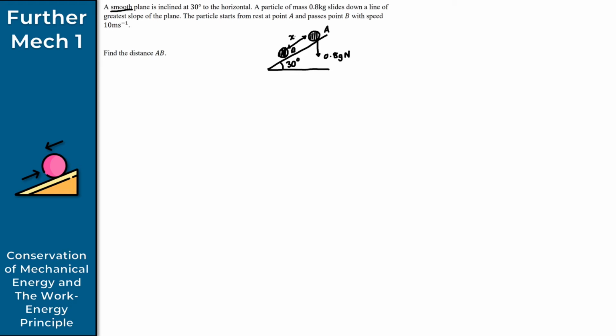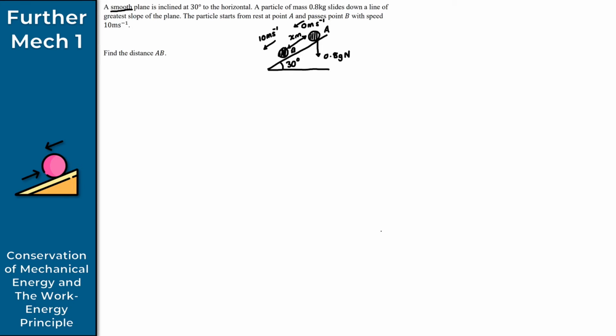Let's call that x meters. If I also account for the speeds, particle A starts at rest, so its speed is 0 meters per second. And at point B, it has a speed of 10 meters per second.